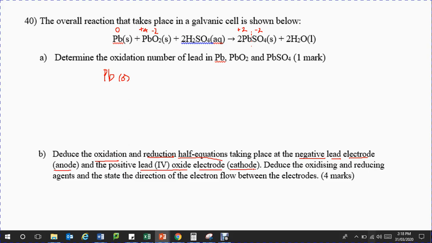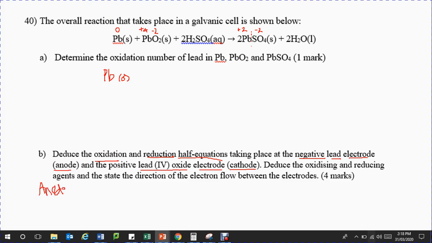The positive lead oxide electrode, the cathode, is undergoing reduction, and that's what we can deduce from those oxidation numbers in part A. And our negative lead electrode is the anode, so that must be undergoing oxidation, which it is. It's increasing oxidation number.